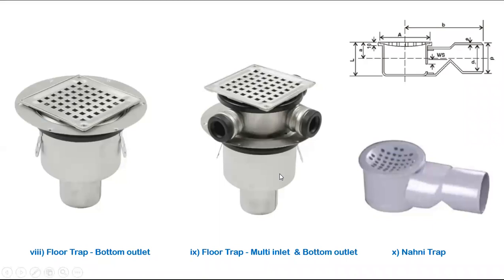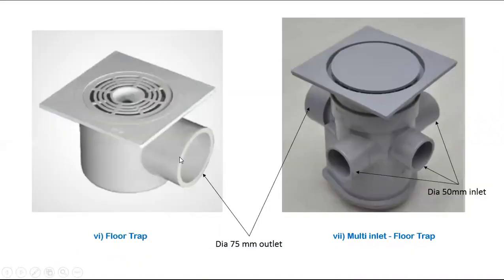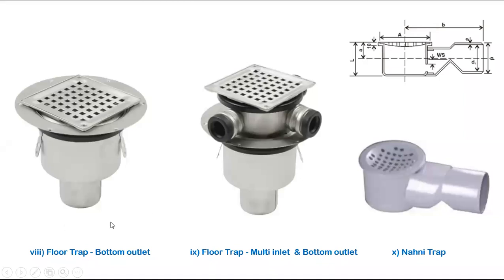And another one: the above two are side outlet types only. Horizontal outlet will be there. Here you see the bottom outlet. Bottom means a vertical outlet will be there. We can use both in our project based on your requirement. Suppose you are using it above the floor, meaning after the ground floor without a sunken floor.